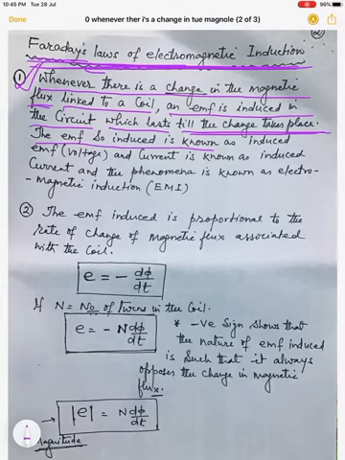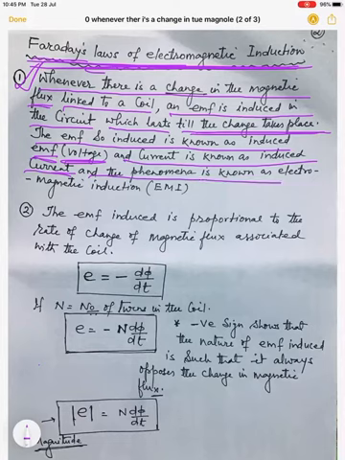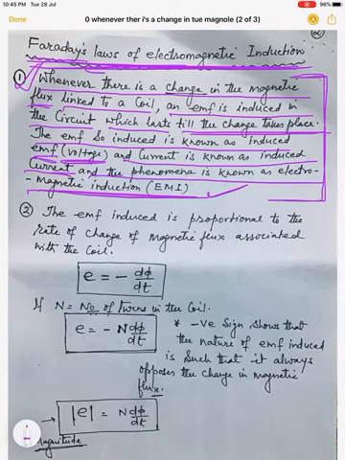The EMF so induced is known as induced EMF, that is voltage, and the current is known as induced current, and the phenomenon is known as electromagnetic induction, EMI. So the first law actually gives the definition of EMI. This is simply the result of his experiment.